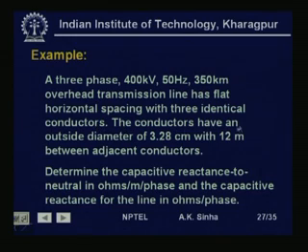The conductors have an outside diameter of 3.28 centimeter, that is, the diameter of the conductor is 3.28 centimeter, and the distance between the adjacent conductors is 12 meter. Now, for this system, determine the capacitive reactance to neutral in ohms per meter per phase and the capacitive reactance for the line in ohms per phase.